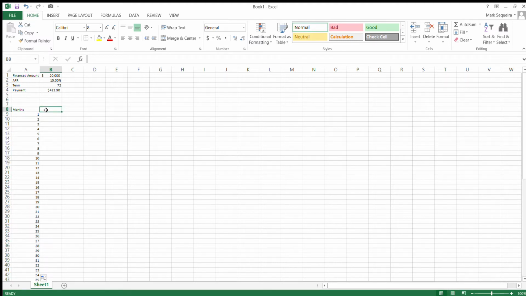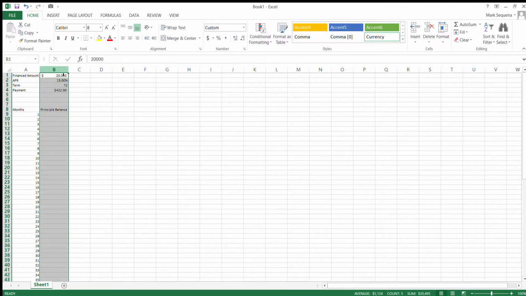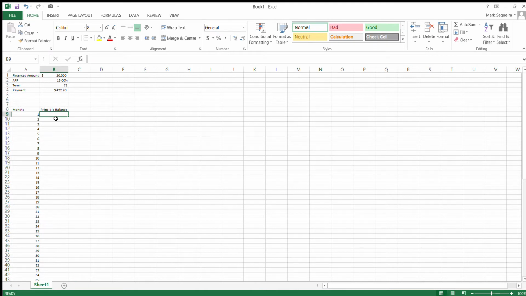Now, the next thing we have, or that we want to see, is our principal balance each month. So every time we make a payment, what is the amount left, basically, that we need to pay? Okay, well, at the beginning of the first month, your principal balance is exactly your financed amount. Okay, you haven't made any payments yet, so that is what you owe.